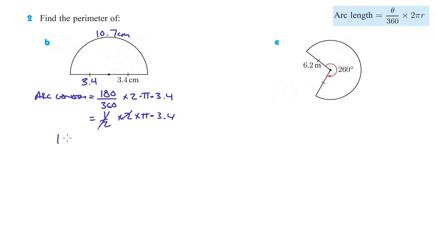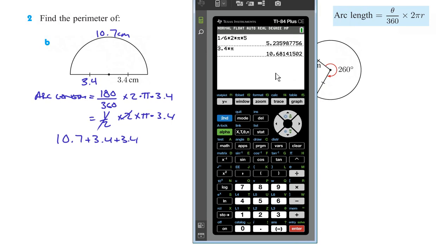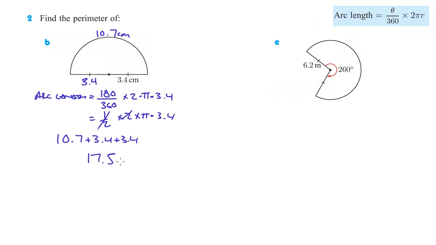Our total perimeter is going to be 10.7 plus 3.4 plus 3.4. Let's do 10.7 plus 3.4 times 2, so 17.5. And that is centimeters, our perimeter for that one.